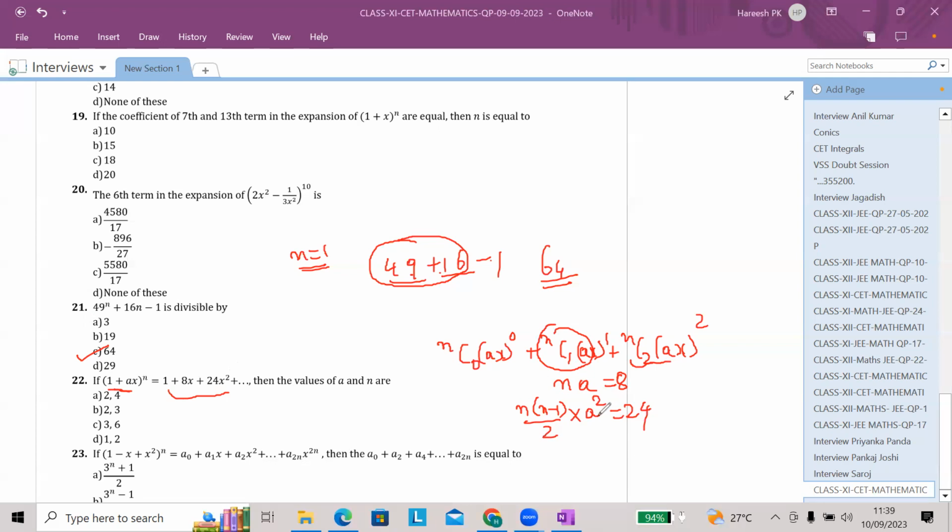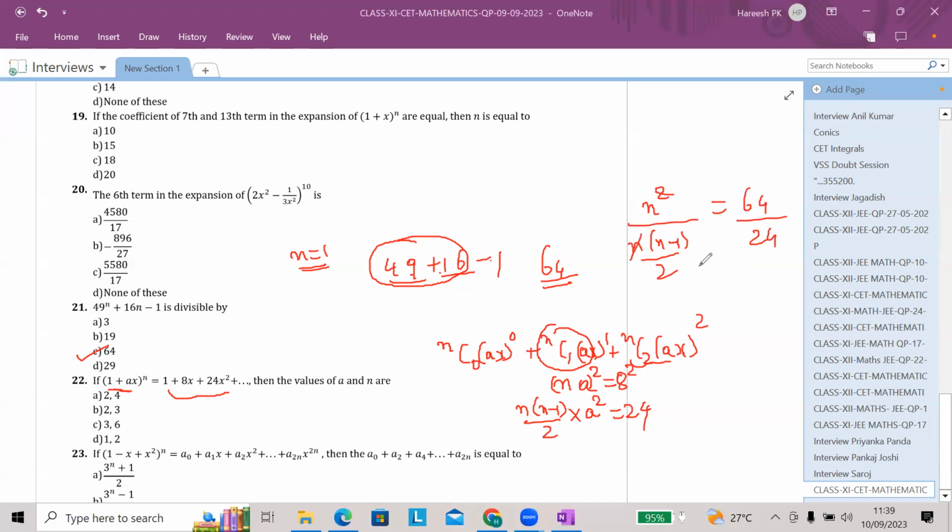In order to eliminate one of them, the best course of action is to square the first equation and then divide, because then A² and A² will get cancelled. So you'll get n² divided by n(n-1)/2 is equal to 64 by 24.